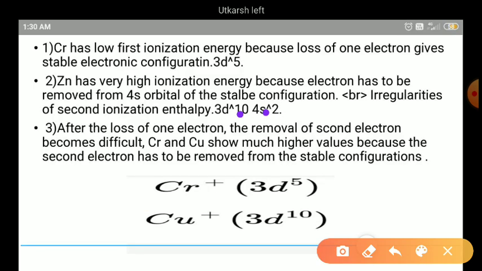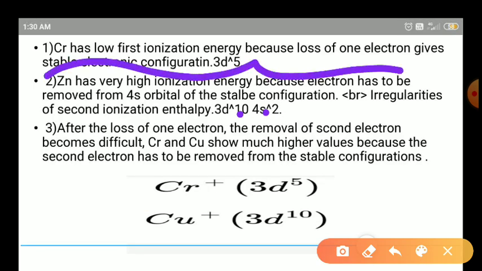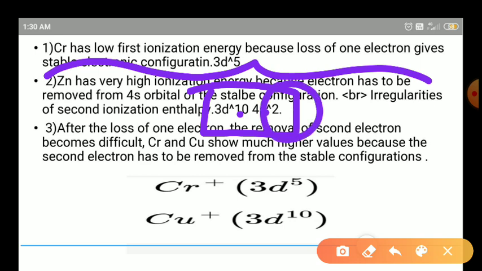So that's why the first ionization enthalpy of zinc is very high. Because it is completely filled, it does not want to remove an electron from the 4s orbital.